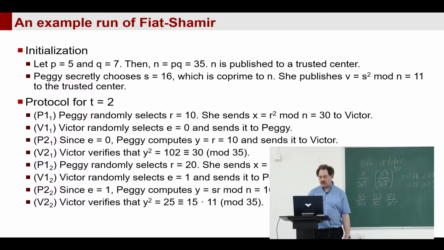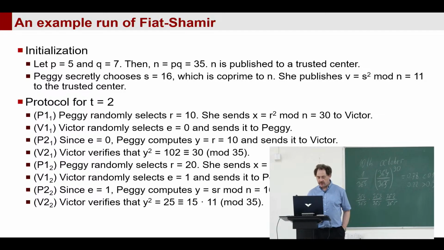And Victor verifies that r squared modulo 35 is equal to 30. Then the second iteration starts. This time, Peggy selects a different value, r equal to 20.